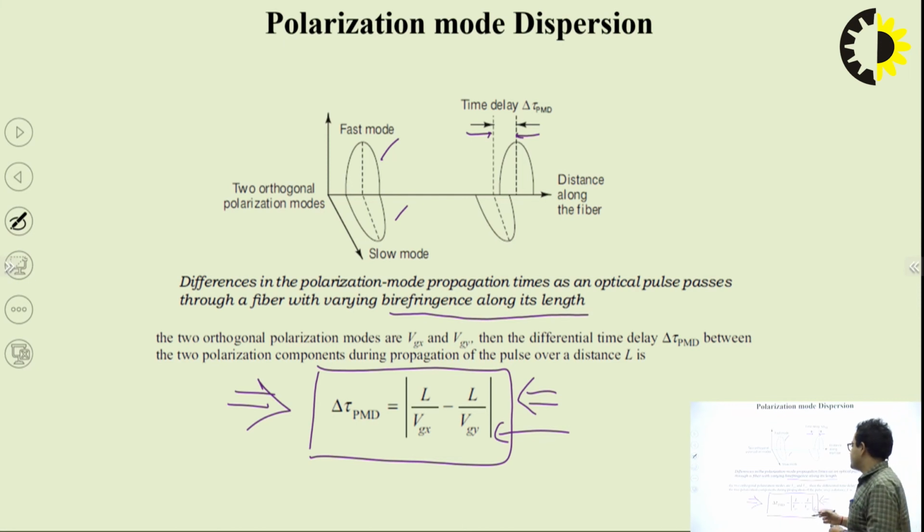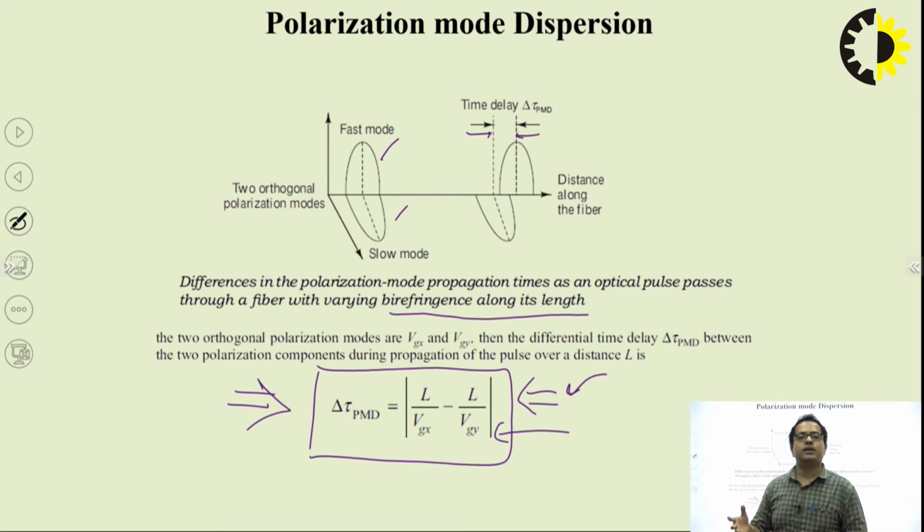Polarization mode dispersion is given by this formula, delta tau PMD. Also, we have established a relationship called the modal delay for the multimode optical fiber. In that, we considered the cylindrical geometry of an optical fiber and two rays: first an axial ray, and another a meridional ray.